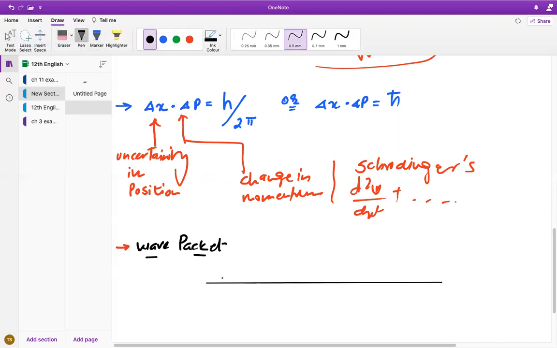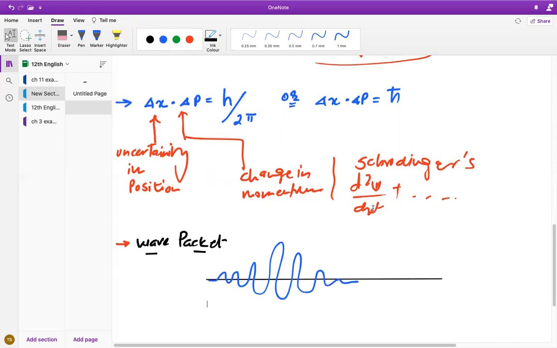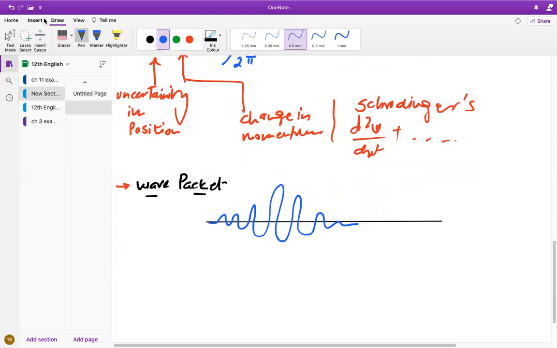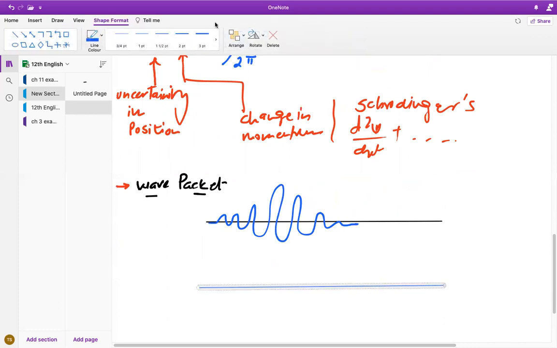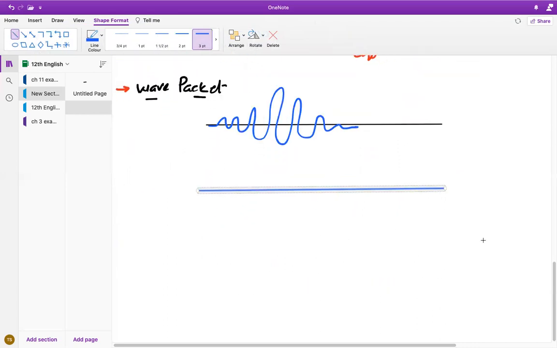Likewise, I have one wave, and I have another wave like this. Let's say I am drawing another one. And combining them together, my result will be something interesting.